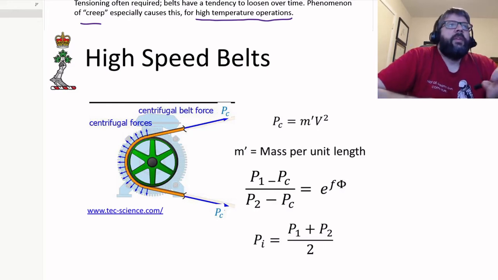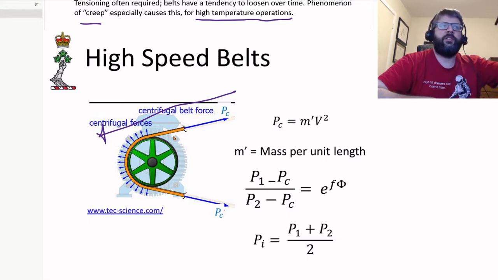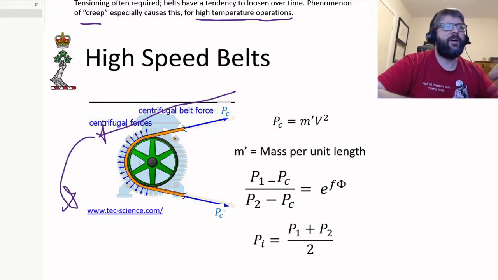So when we're talking particularly high speeds, we also need to start taking inertial effects into account. Basically, we've got centrifugal forces that are generated. If we have a belt coming around here at a particularly high speed, in order to cause it to want to turn around the sheave here, we're going to have to apply additional force to it.